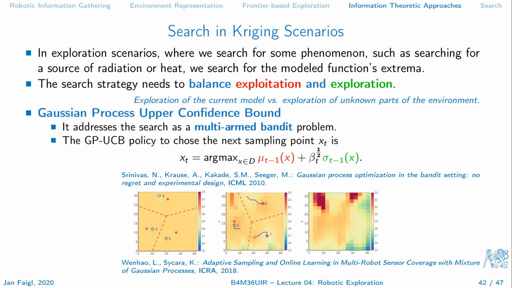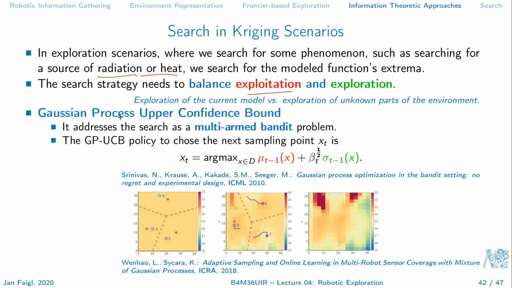You are searching for diminishing the uncertainty or the source of radiation, heat, or some other function extremes. And in that case, you actually need to balance the exploitation and exploration. So it's the very known dilemma. You can exploit your model to actually find the source of radiation, for example, or explore the environment to actually collect information about the unseen part.